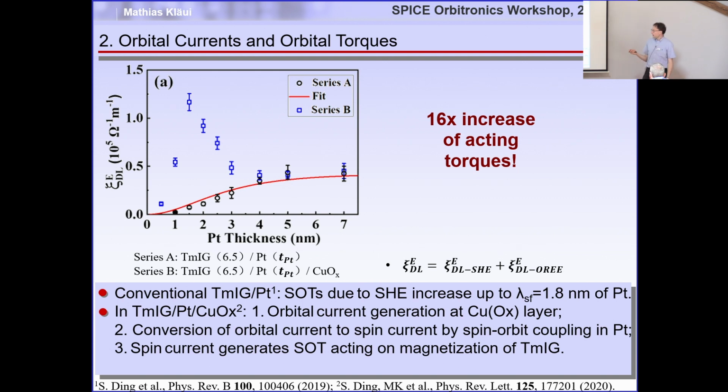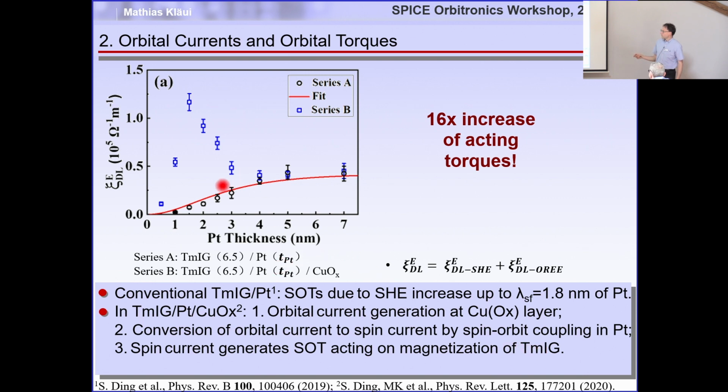So what is happening? The interpretation was that in the copper oxide, you generate an orbital current at the interface. Now this orbital current in the platinum is converted into a spin current. And the spin current then generates a spin-orbit torque that acts on the thulium iron garnet.